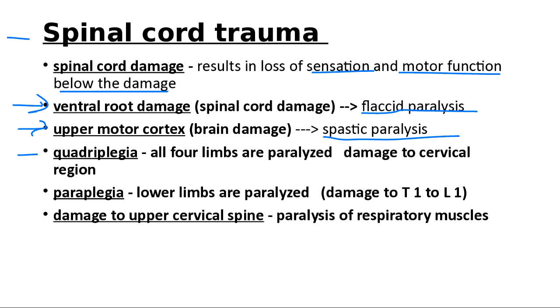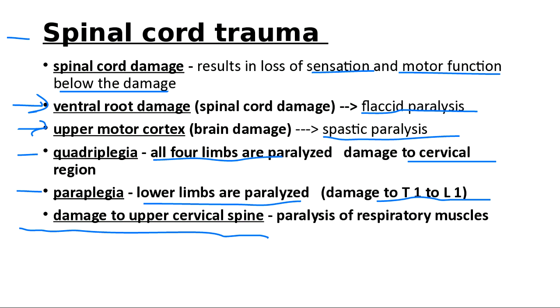Quadriplegia, all four limbs are paralyzed due to damage in the cervical region. Paraplegia, lower limbs are paralyzed, generally from damage T1 to L1. Damage to the upper cervical spine can cause quadriplegia, but if it's high enough, it's going to cause paralysis of the respiratory muscles.